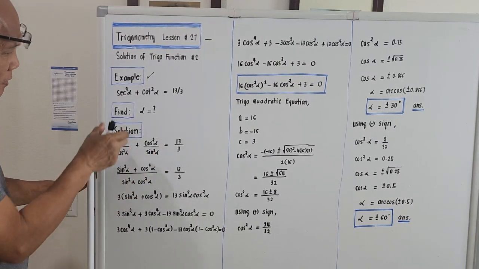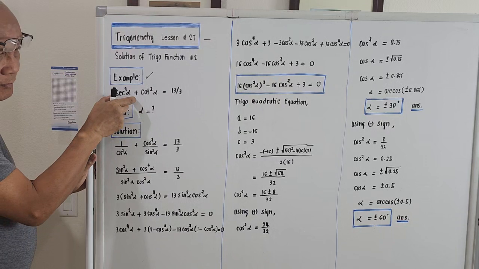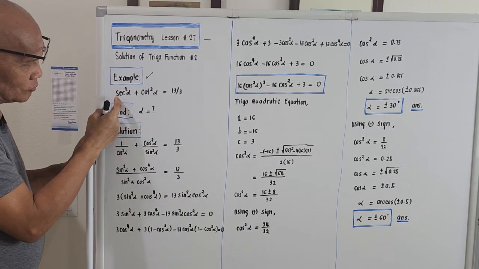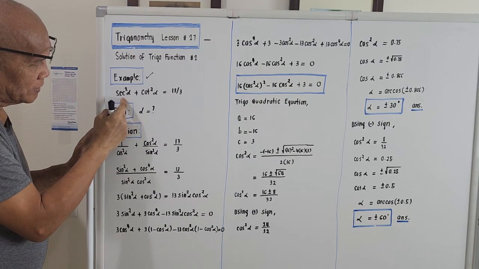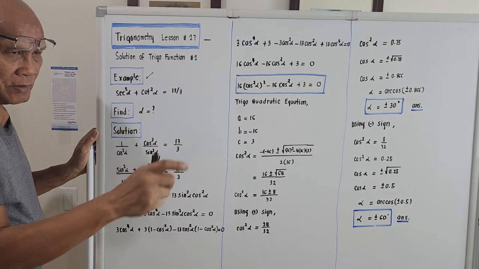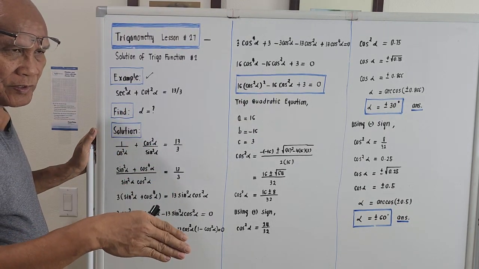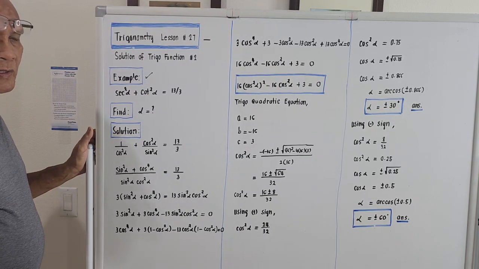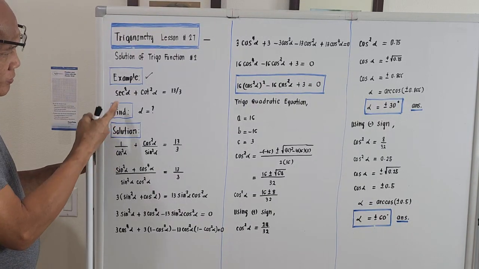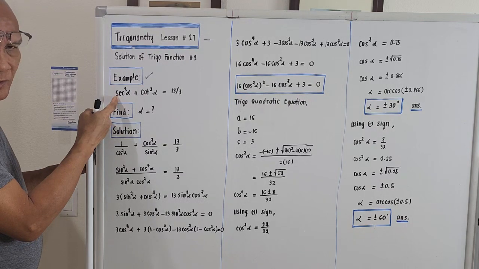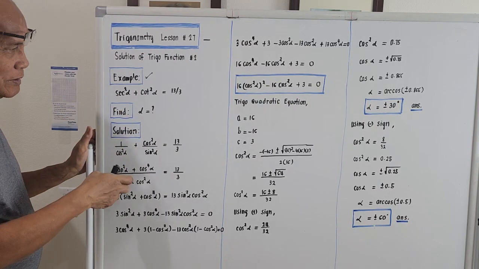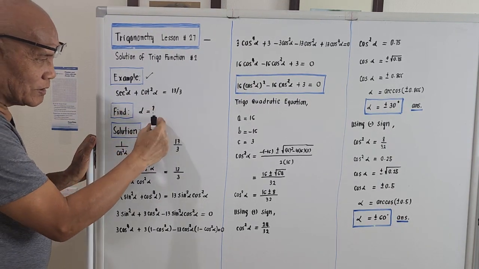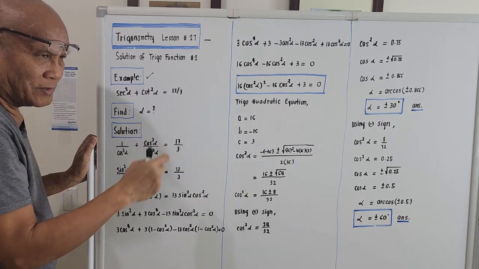Okay, we start with secant square of alpha. We'll try to convert this secant and cotangent in terms of a sine function and cosine function. So secant square is actually 1 over cosine. 1 over secant is cosine.